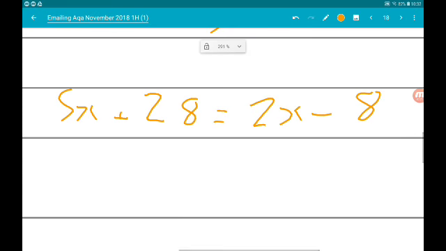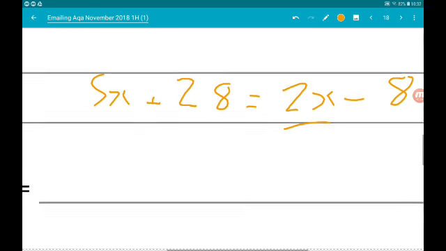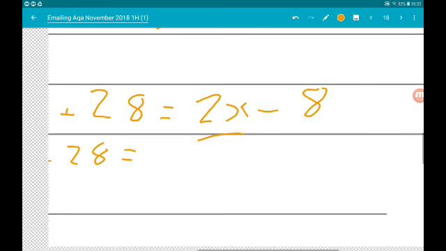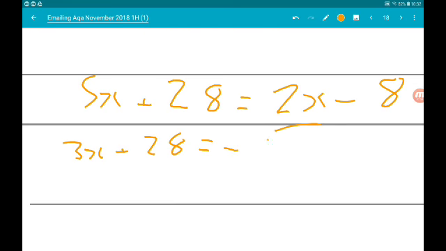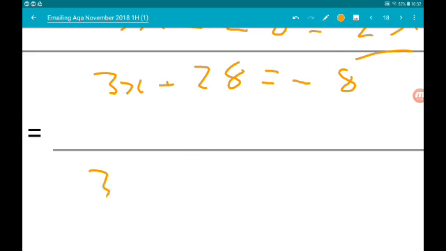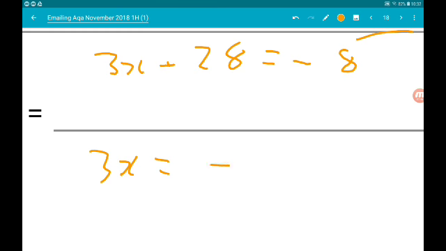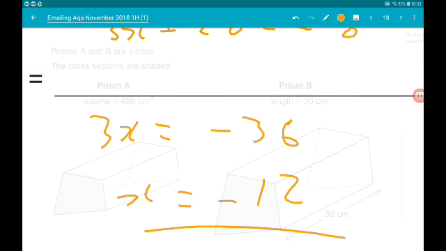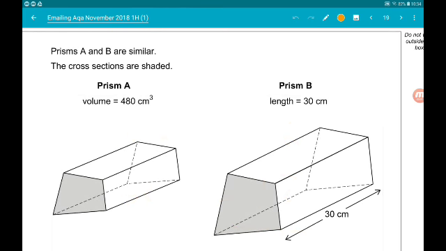Okay, take away the 2x, we get 3x add 28 is equal to minus 8. Minus 28, we get 3x is, now minus 8 minus 28 is minus 36. Divide by 3, x is minus 12. Boom.